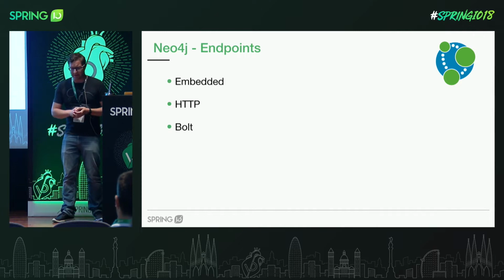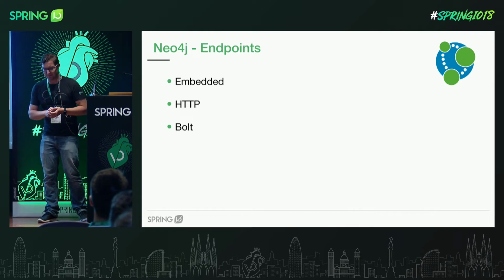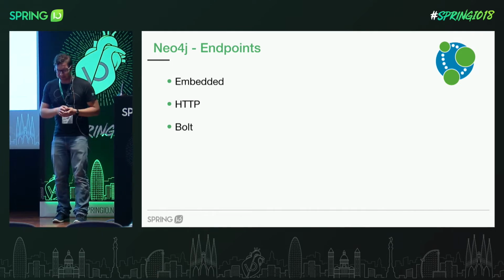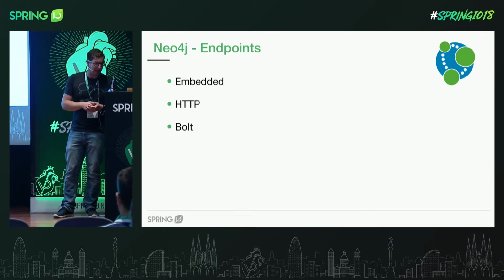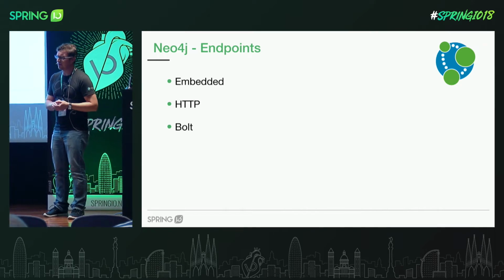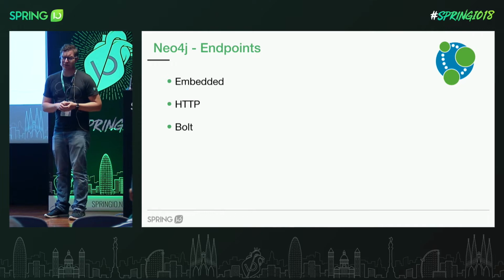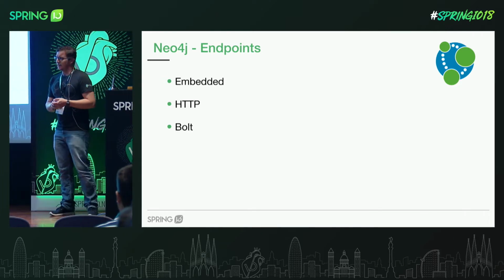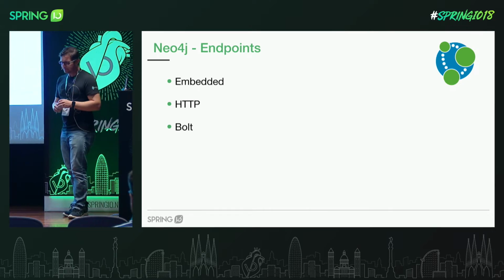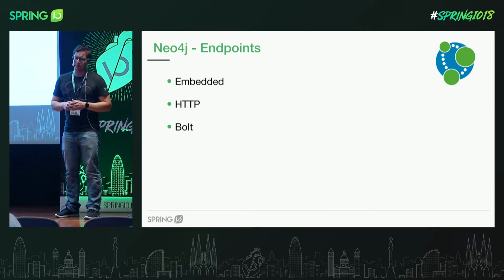HTTP, which has been there since shortly after the embedded mode. And Bolt, which was introduced 2.5 years ago, around this time, with Neo4j 3.0, and it should reduce the cost of HTTP by being a binary protocol.